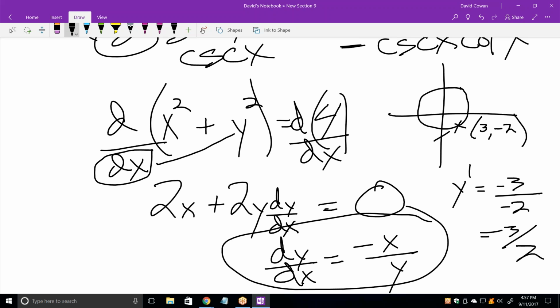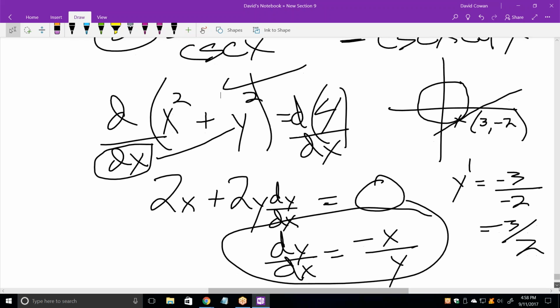That's the slope of that tangent line, 3 halves. And we did not have to solve that original equation for y, which we could have done and used explicit differentiation, but sometimes that gets particularly hard.